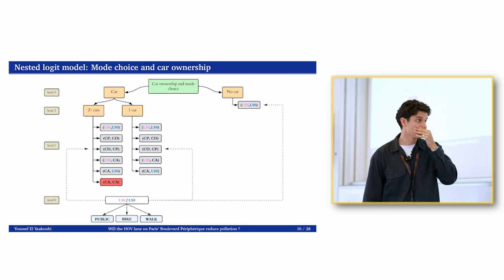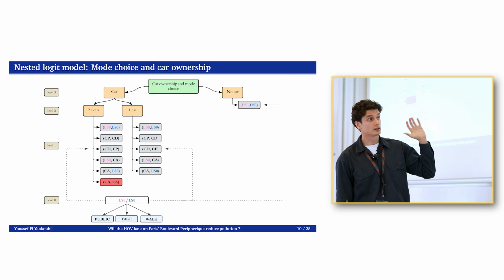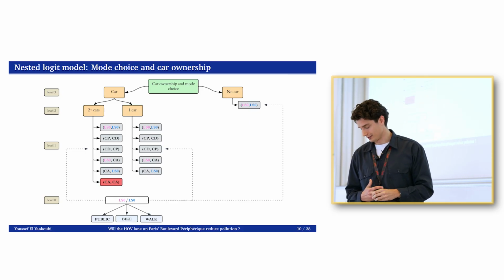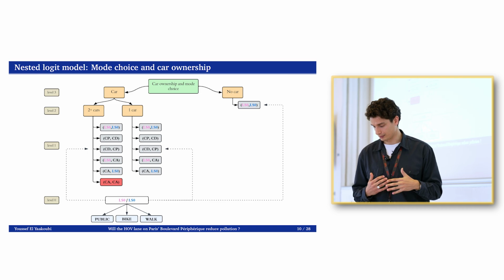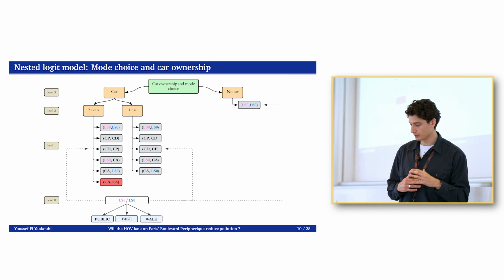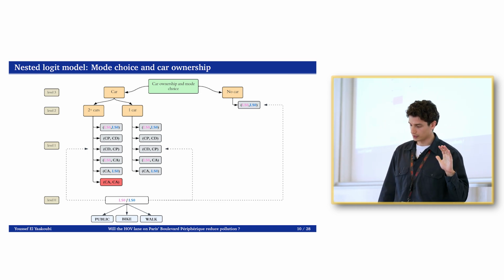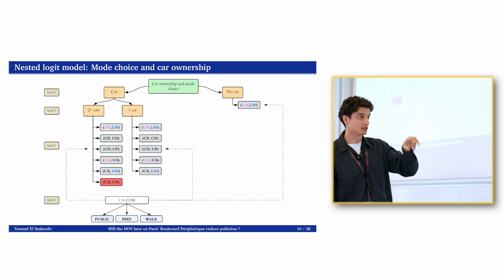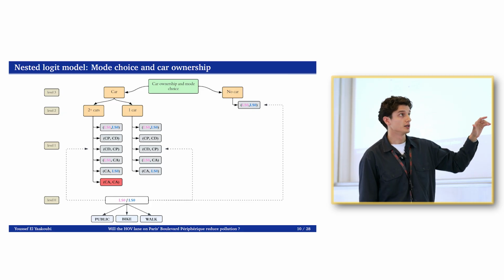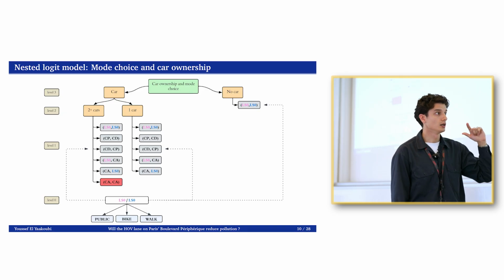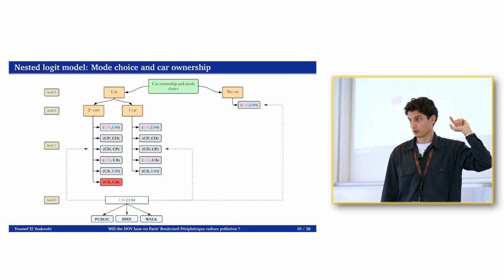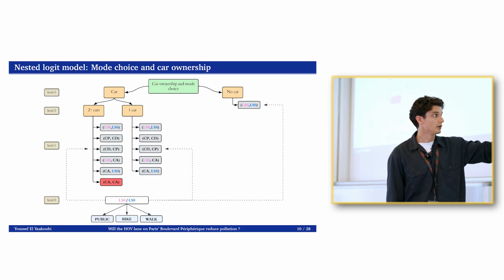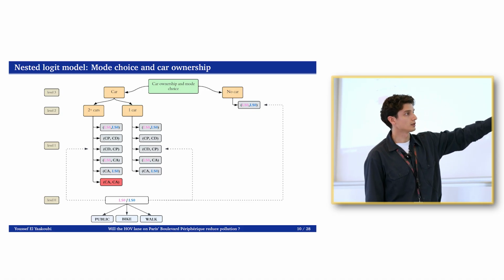So this is what we are estimating. This is my current ongoing work. Of course, this is what I'm trying to evolve, but the current model looks like this. It's a 4-level nested logit model that is estimated backwards. Basically, each choice is made conditional on the upper level and anticipating the lower level, so we are estimating it backward.